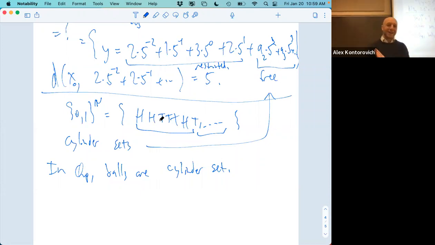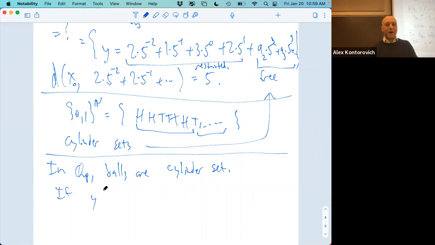We're going to get to Z_p in a second because we can go a couple steps in that direction. There's a little bit more information in Q_p. There's no addition here. In Z_2 we carry ones. All right. So the balls are cylinder sets, and this has a funny consequence.